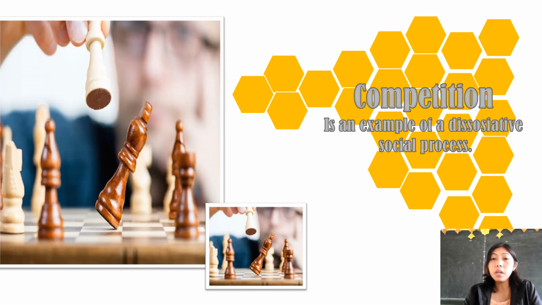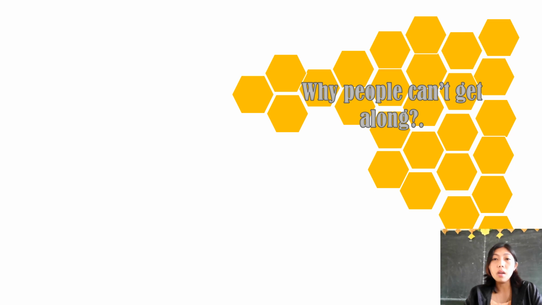Next, we have here, competition is also an example of a dissociative social process. Bakit siya dissociative? It's because it separates an individual or a group. So it has a negative impact on a social process. Why can some people not get along?